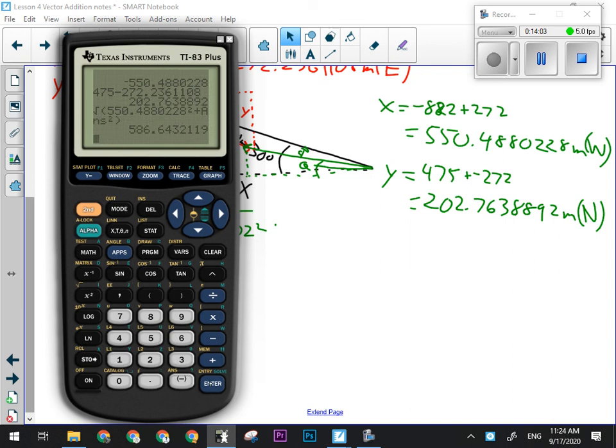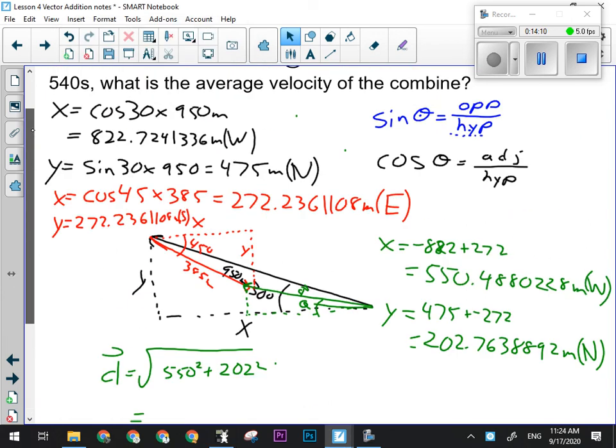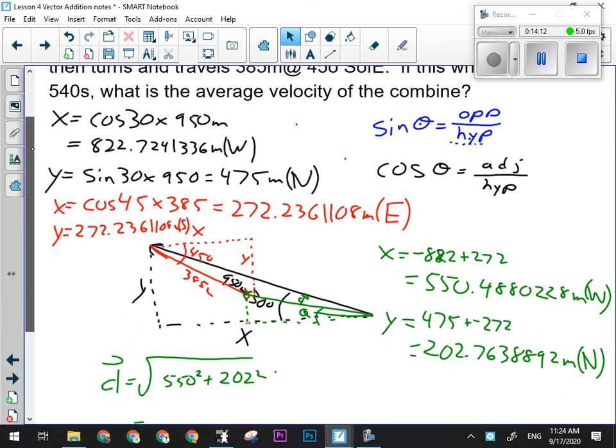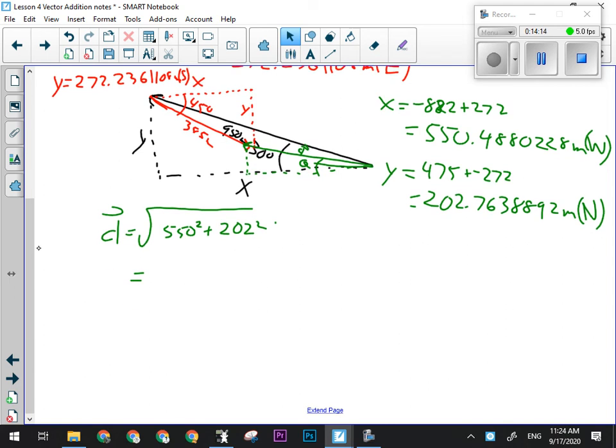All right, so our overall displacement is 586 meters, and how many sig digs do we have here? We have 2 only. Okay, so it's going to be 5.9 times 10 to the 2 meters.